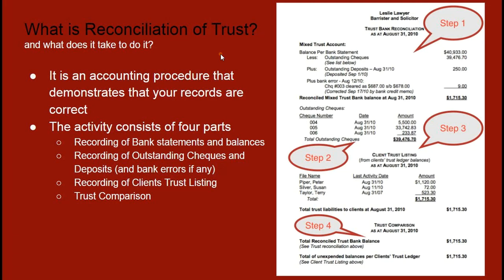So that's the client's trust listing, where you have the name, the specific matter, the last activity date. So as of that last date, what is the balance in that individual file's trust deposits?